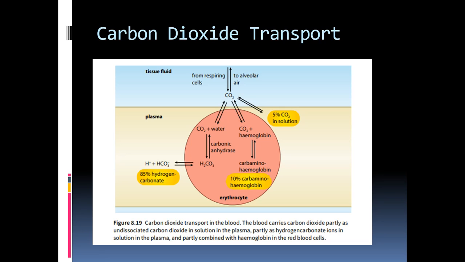Okay, so now let's look at the transport of carbon dioxide, because oxygen transport is basically very simple. Oxygen combines with hemoglobin to form oxyhemoglobin. From the lung, it is then transported to the respiring tissues, where oxyhemoglobin dissociates to become oxygen and hemoglobin again.